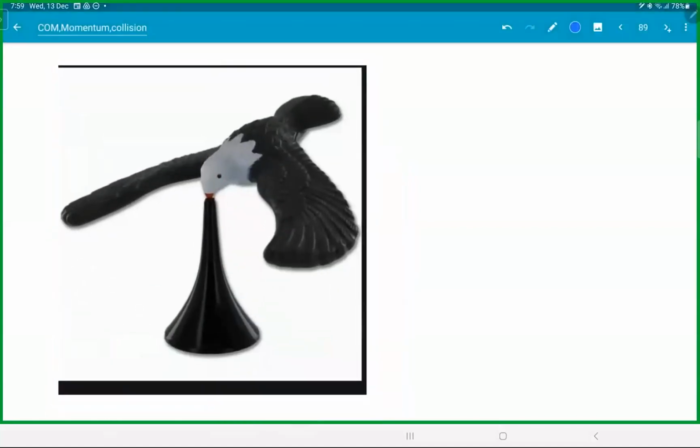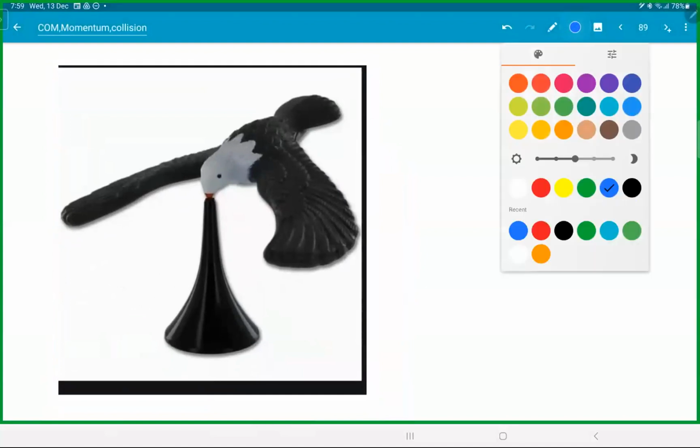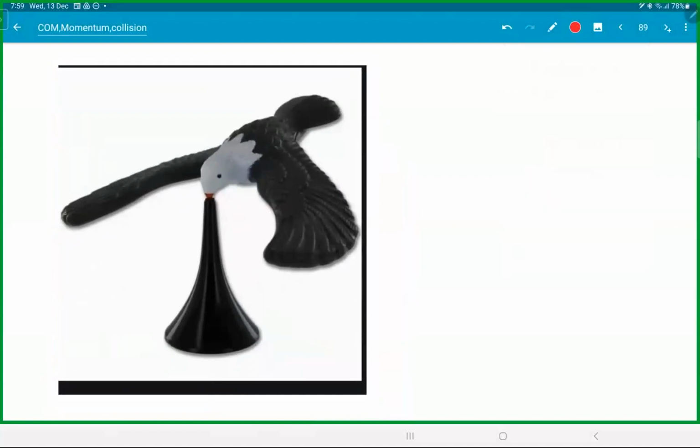I was so fascinated by it, I broke it one day. And what I found inside is, there's a metal piece here, there's a metal piece here, and there's a metal piece here, such that the center of mass will be somewhere here for this bird. So this thing always passes through this base. That is the reason, you do whatever you want, nothing happens.